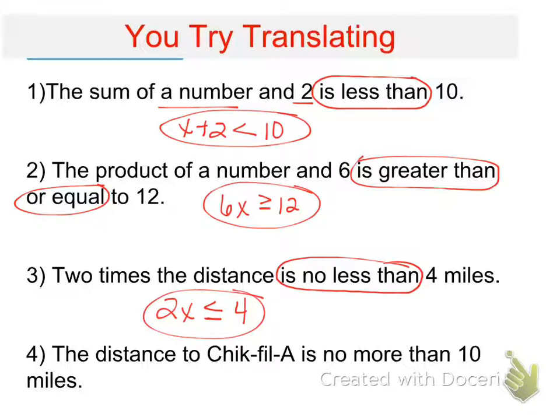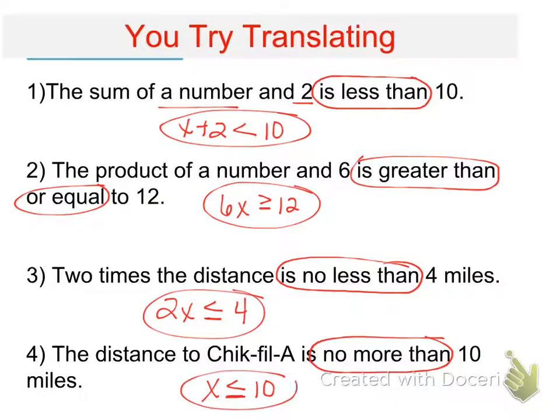And the last one. The distance to Chick-fil-A, so x for distance, is no more than 10. So could it be equal to it? Yes. And could it be more than it? Listen. No. So it's going to be less than, the one that makes an L, is less than or equal to what? 10.